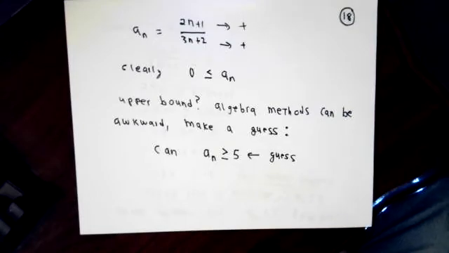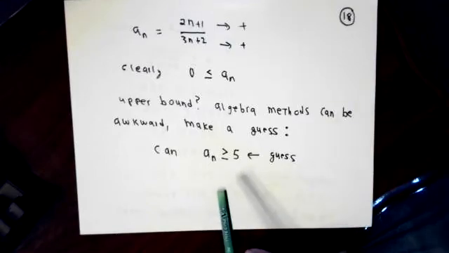Sometimes we can do algebra methods. Other times we'll have to rely on other methods. I'm going to make a guess, though. I want to ask myself, can an ever be bigger than 5?